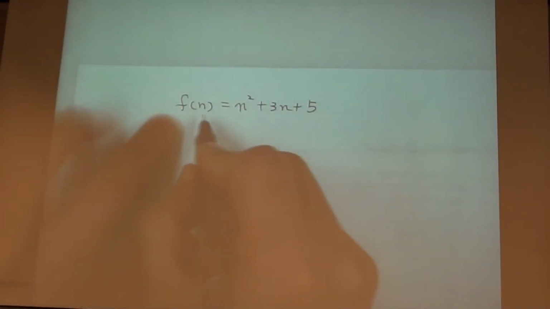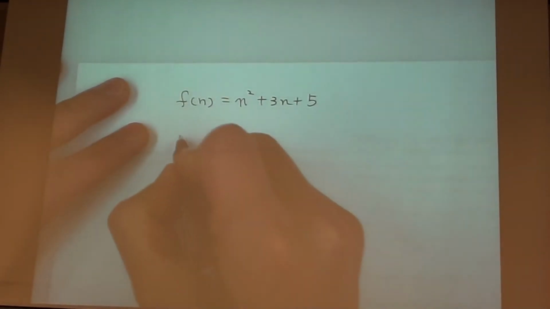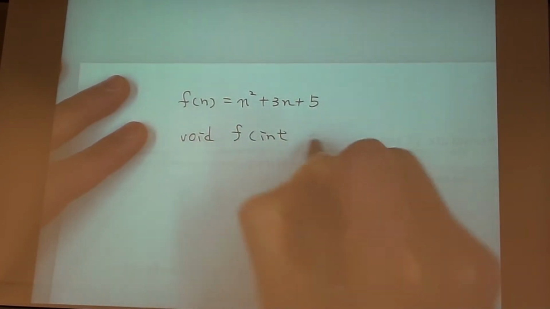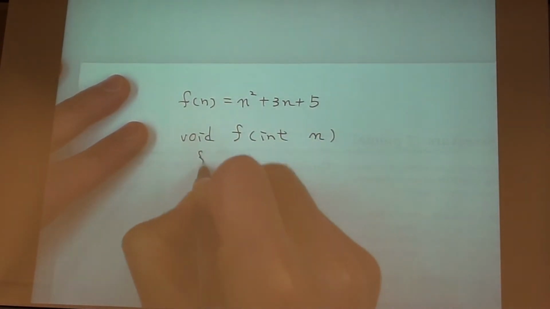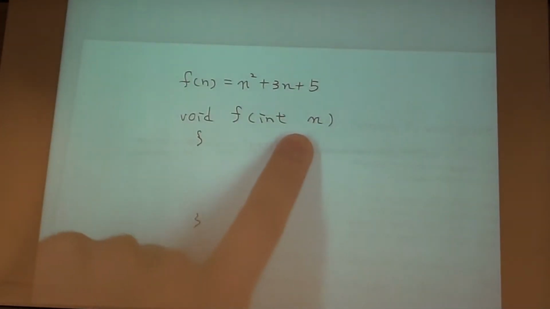So let's consider a function. Now this function will actually give you a variable back. We'll talk about that in a moment. For now, let's consider a function that does not return anything. And for now, I don't care what's inside. I just want to worry about a function with one or more arguments.